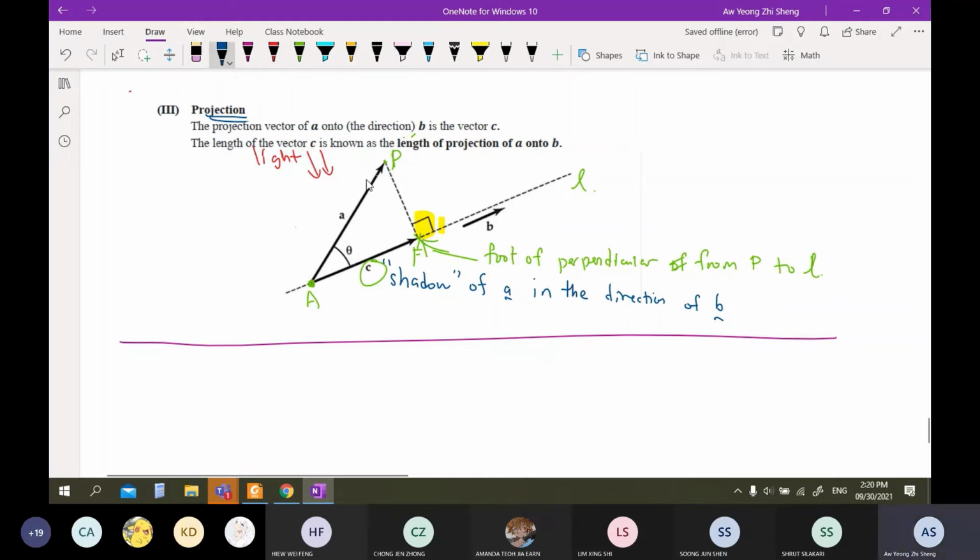So you imagine that the light comes from a direction perpendicular to B, and then when the light shines from above, the shadow is called a projection. The proper term to use is projection. In the exam, you don't use the word shadow. The shadow is just my way of telling you the idea. The proper word to use is projection.